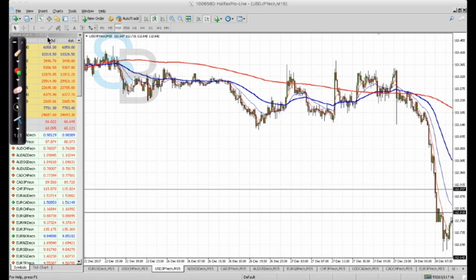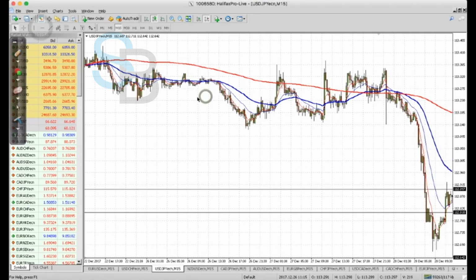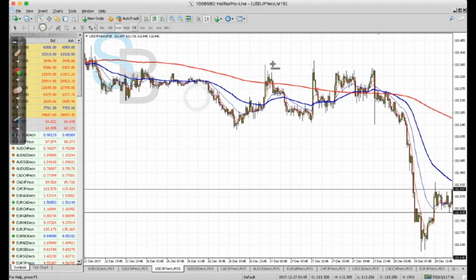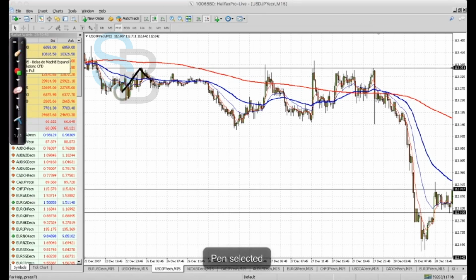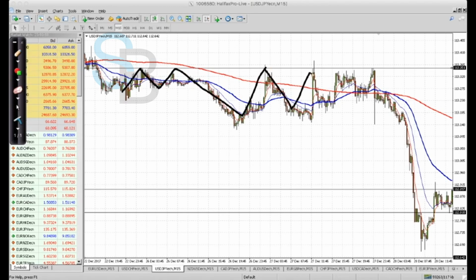Where would you draw the resistance? I'll tell you where I'll draw it. I'll draw it somewhere there. Would you agree? Resistance, test 1, test 2, test 3, test 4, test 5, test 6. Very strong resistance here.